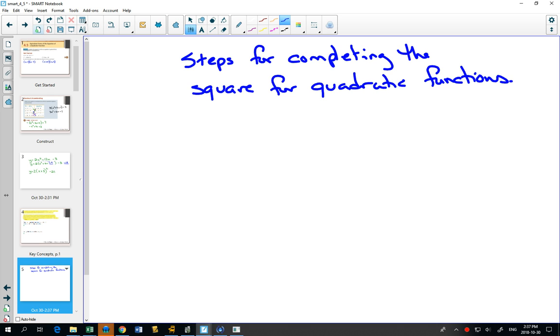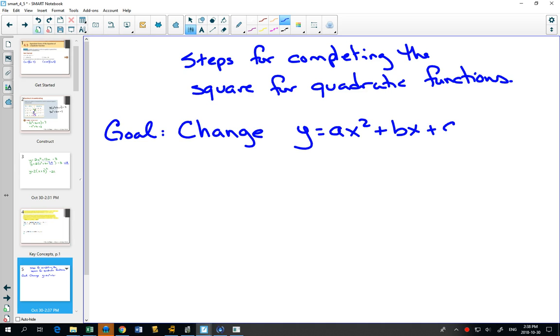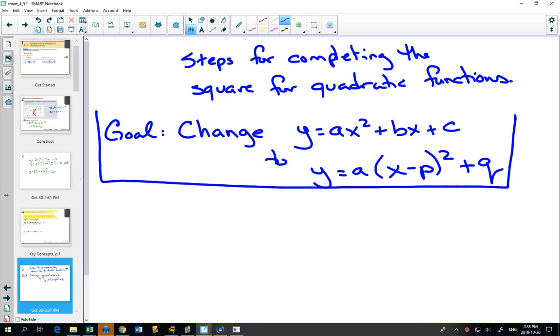Our goal, if we write out what's the goal, we want to change y equals ax squared plus bx plus c to y equals a(x minus p) squared plus q. So I'm going to put a box. That's our main goal.